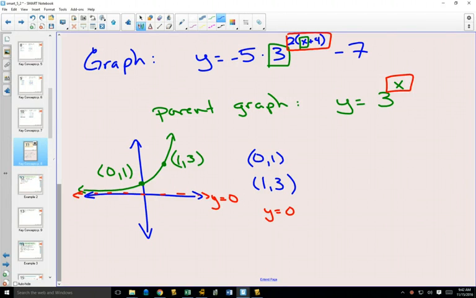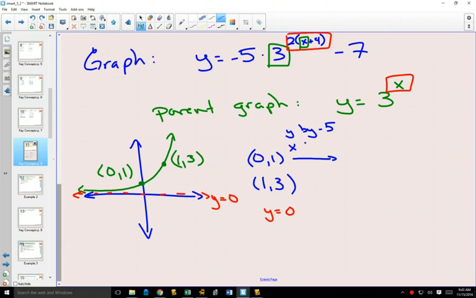And moving from left to right, little reminder, we did this already like a month and a half ago. The first thing moving from left to right is all of your stretches and compressions. So the minus 5 will multiply your y by negative 5. And we can do the horizontal stretch compression at the same time.